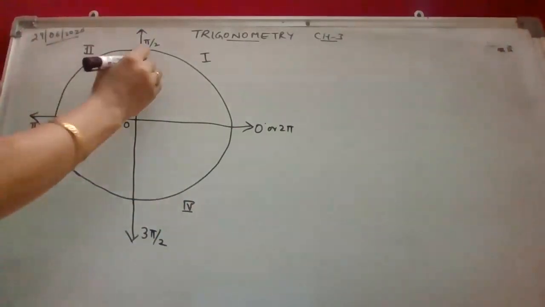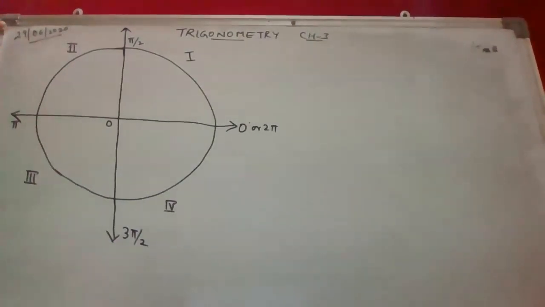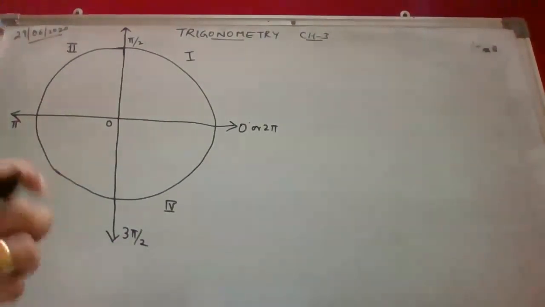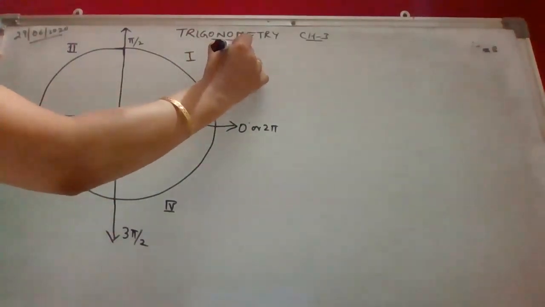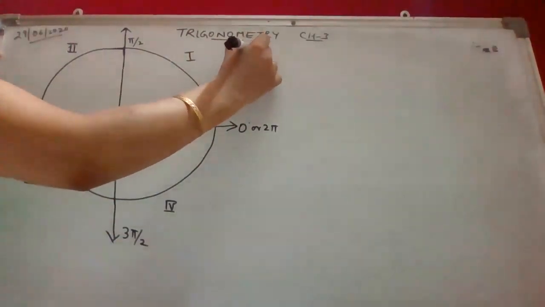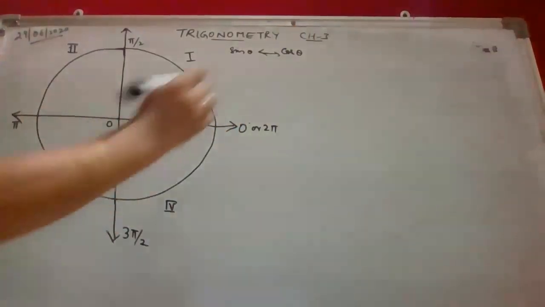Now, when we talk about the quadrants, two things we have to remember when we are talking about the sign of trigonometric functions, that is, how to change one ratio to another. This you have learned in, I think, class 10th also, that sin theta always changes to cos theta and vice versa.